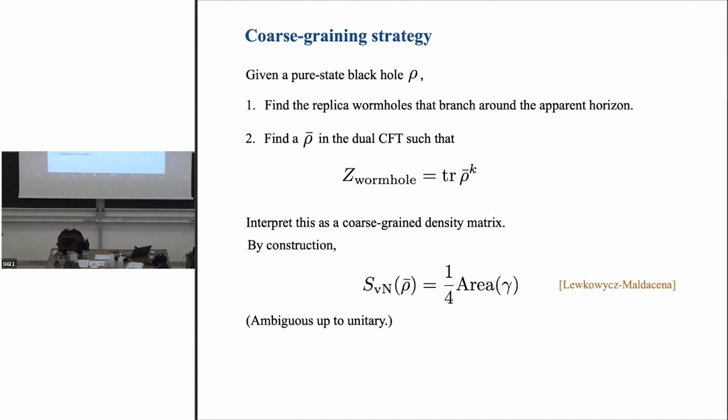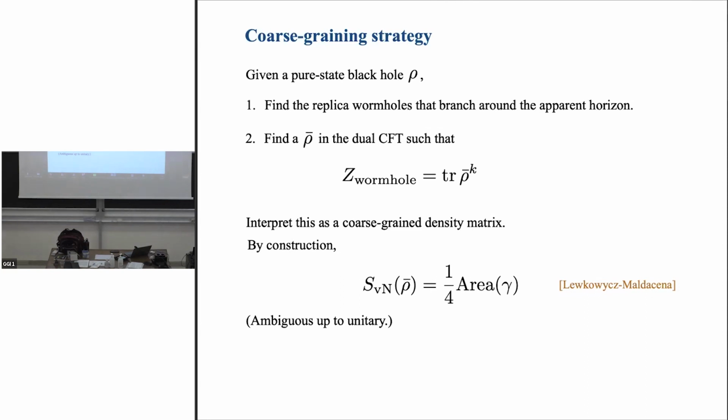Sorry, Tom, that's pretty rough. For example, I could conjugate rho bar by a unitary, and it would still give the same result. That's right. That would differ. I think that's not what we'd usually call coarse graining. Usually coarse graining is not invariant under unitary conjugation. I think it's like Raphael said, that when we coarse grain, we have to decide what we want to hold fixed, and the choice that I made.